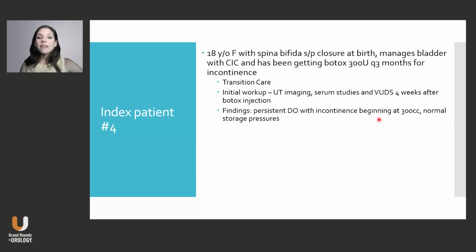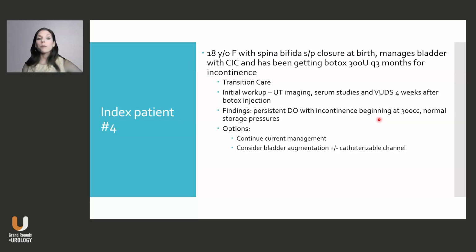So once I do that, I find that after this Botox injection, she has persistent DO with incontinence beginning at 300, but it's not sustained, it's not high pressure DO, and she has normal storage pressures otherwise, so she has normal compliance. Okay, so what can we do for her? Well, we have our options, which is that we can just continue her current management.